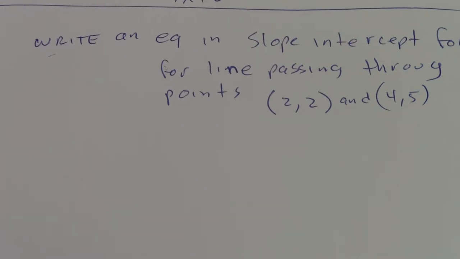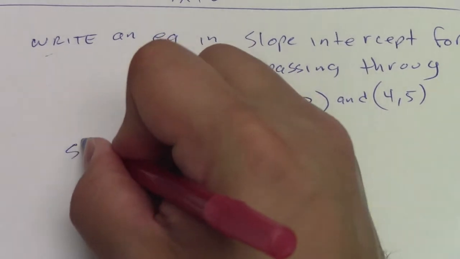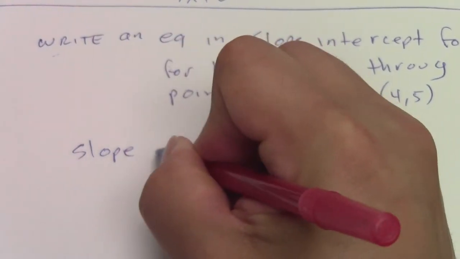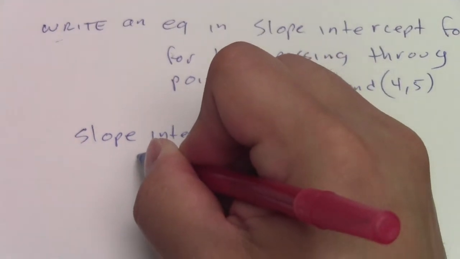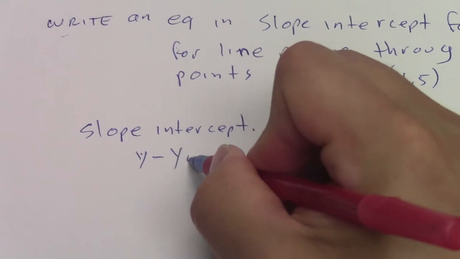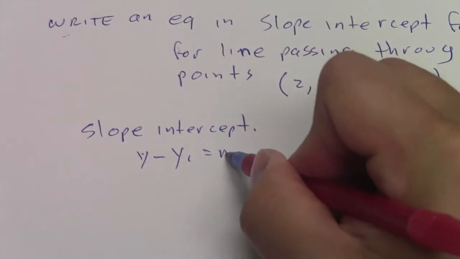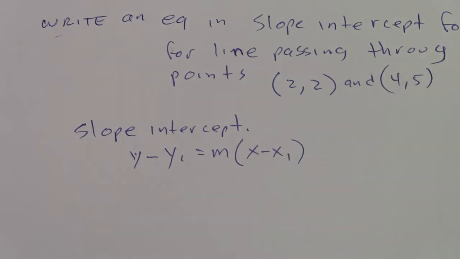So first things first, you need to know what the slope-intercept formula is. So slope-intercept, and that's just y minus y1 equals m times x minus x1. All right.